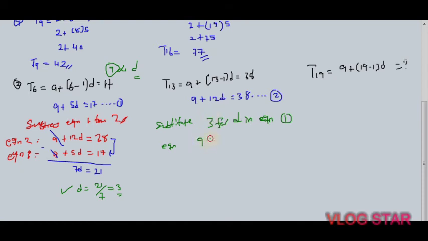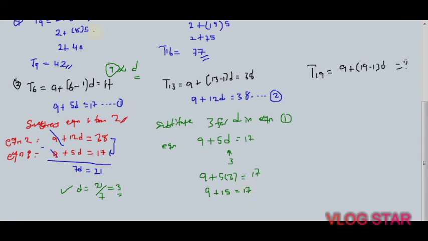Now a plus 5d is equal to 17, right? Now this is where the d is, so we substitute d with 3. So this is a plus 5 times 3 equal to 17. So a plus 5 times 3, which is 15, is equal to 17.